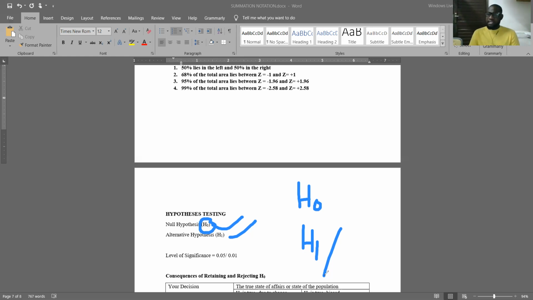Another way this statement could be formulated in the question by the researcher will be that, in terms of performance in statistics, there will be a difference between males and females. That is also an alternative hypothesis. You can see that with this type of hypothesis, the researcher hasn't really told us among the two groups which one will perform better or worse than the other.